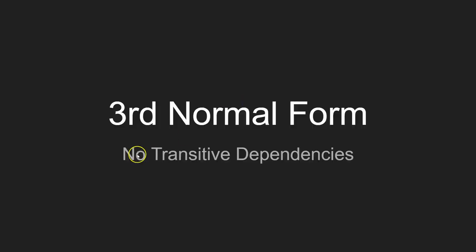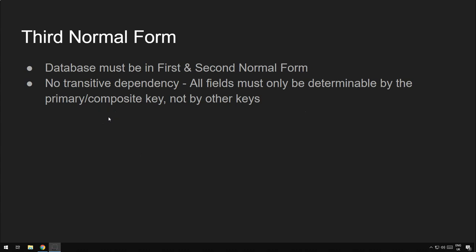Third normal form, no transitive dependency. So it's similar to the previous one, but this time we're not talking about the primary key or the composite key. We're talking about something else. Just like when you tried to put something into second normal form, it had to already be in first normal form, third normal form is the same idea.